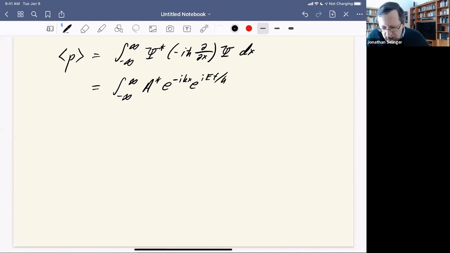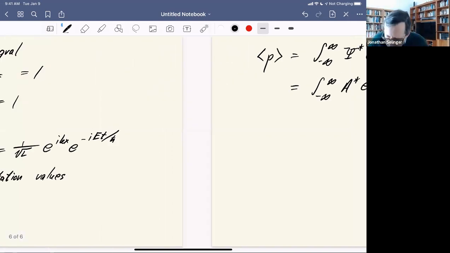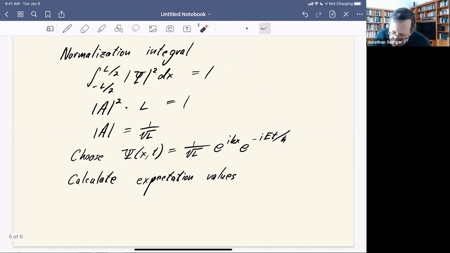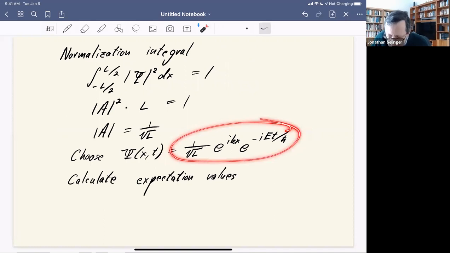That's the complex conjugate, psi star. Now there's a negative i h bar, and now we need the derivative of the wave function. So this is a derivative of the complex exponential right here.